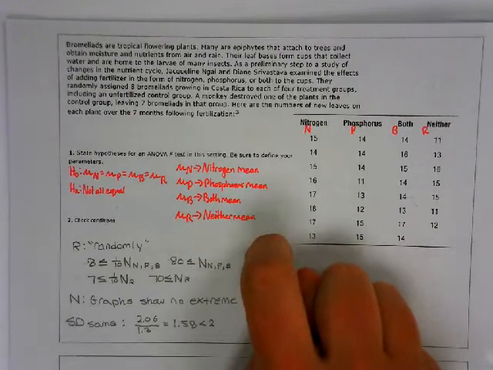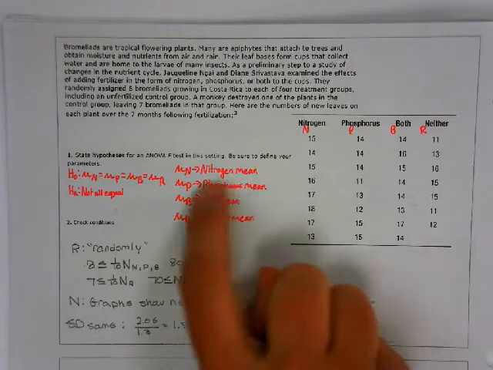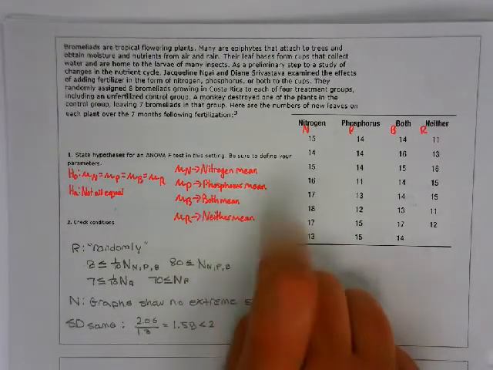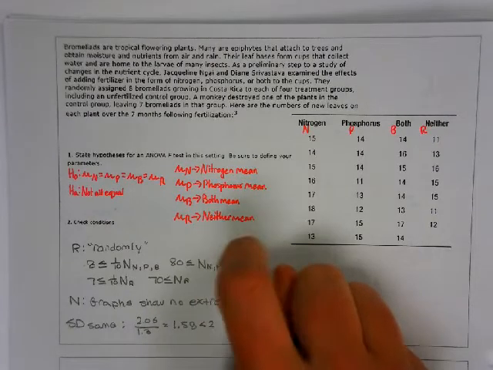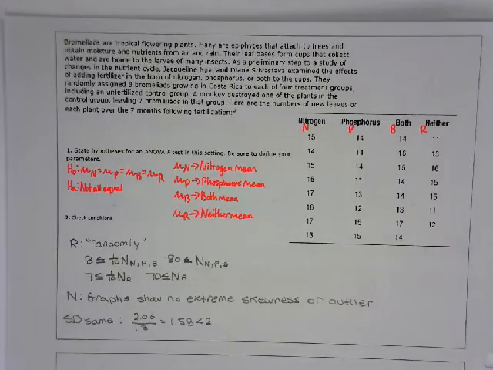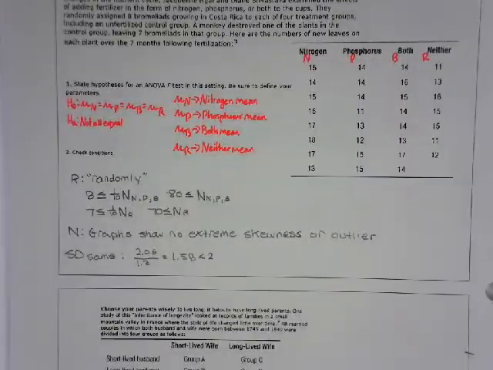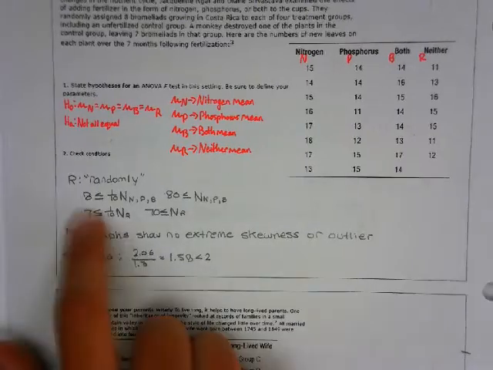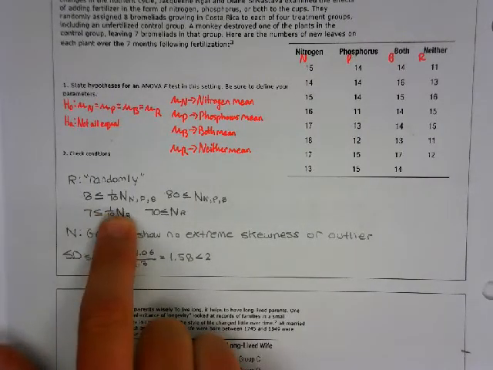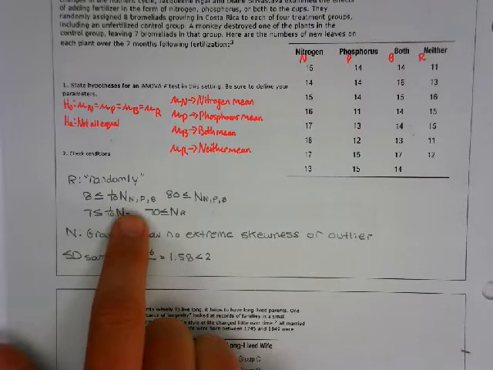Then Shelley came up and checked our conditions randomly. 8 is less than or equal to 1/10 of the population for nitrogen, phosphorus, and both. So she did all of that in one step. And then 7 is less than or equal to 1/10 the population for neither.